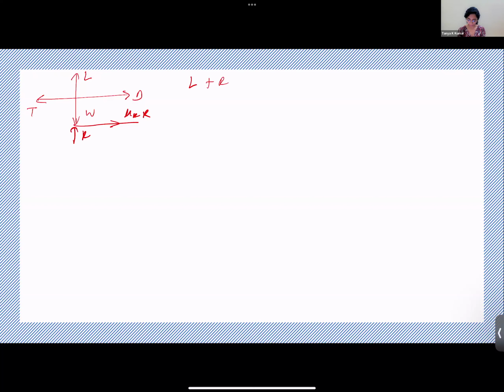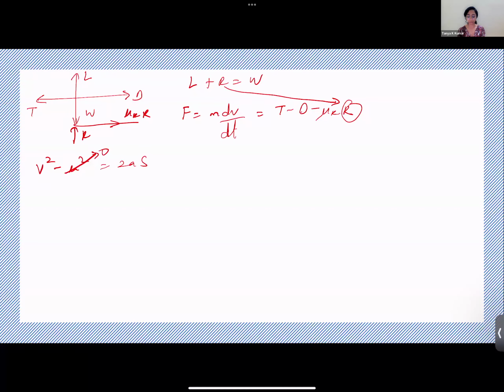So lift plus R equals W. In the horizontal direction, it is F equals m dv by dt, or mass into acceleration, equals thrust minus drag minus mu r into R. And you can substitute the value of R from here, right? And what do you finally get? And you take v square minus u square is equal to 2as. Take u square as 0 because you start at 0 and find out this s. S is nothing but s liftoff, right? So what do you get?